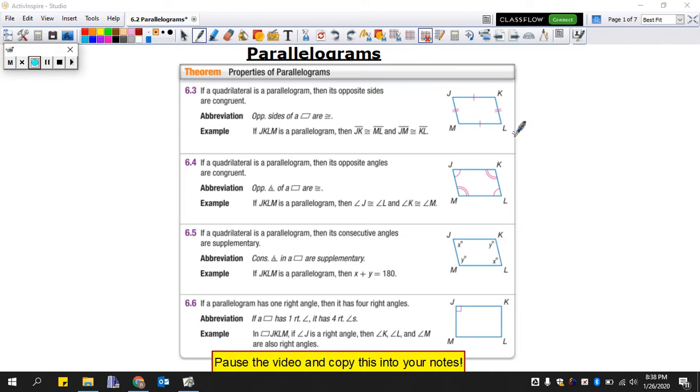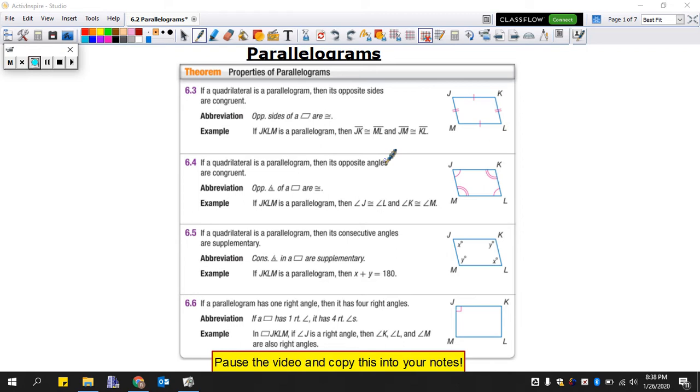Now, JM and KL are not necessarily congruent to JK and ML. That's a special type of parallelogram that we will talk about in a few lessons from now, called a rhombus, or a square. But in parallelograms in general, opposite sides are congruent.